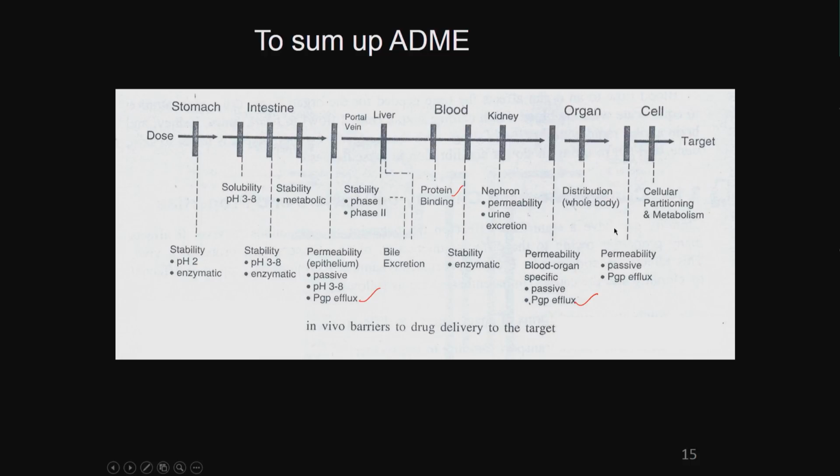And then again we have the permeability, then cellular partitioning. If the drug is going in the presence of cells, there could be partitioning of the drug, metabolism happening, and finally reaching the target site. So lots of steps before the drug reaches the target sites and exhibits bioactivity.